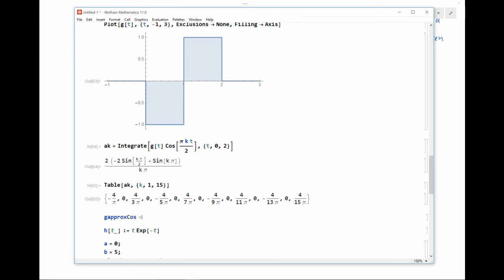The cosine series will be defined as the sum of a0, which was 0, plus the sum of ak multiplied by cosines, and let's add the first 10 terms.